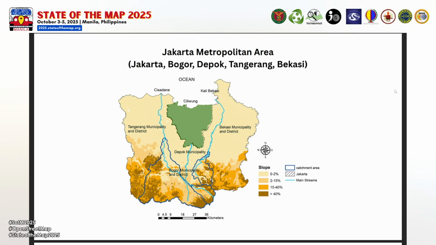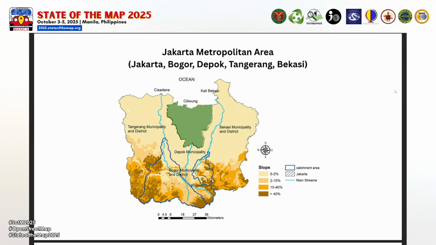Bogor is in the very south, bordering Tangerang, Bekasi, and Depok. Depok is exactly in the south of the Jakarta area, and then Bekasi is here, and Tangerang is there.